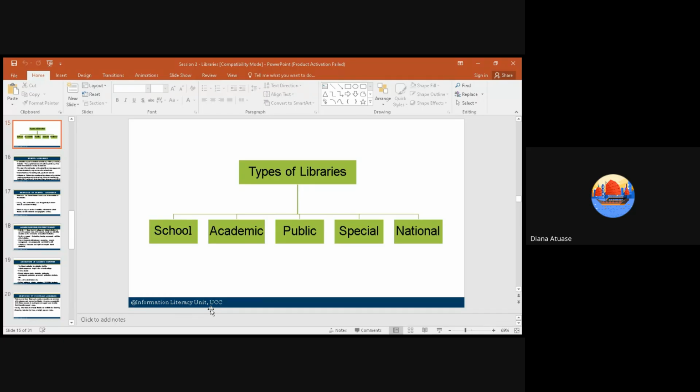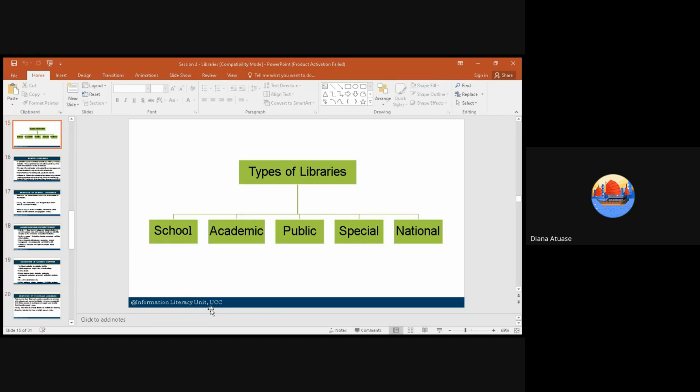We looked at the forms of libraries that we have, and we learned about 3 forms of libraries. We said the traditional form of library is the library where all resources and services are manual. So when you visit the library, everything is manual. You don't find anything electronic.